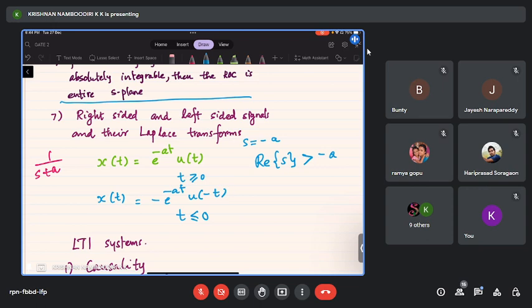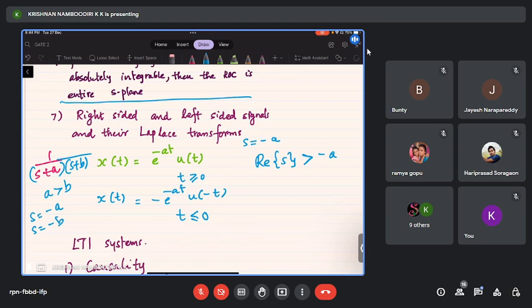Agree? Suppose I have a system like this, 1 by (s plus a) into (s plus b), and assume that a and b are such that a is greater than b. What are the poles? Poles are s equal to minus a and s equal to minus b.